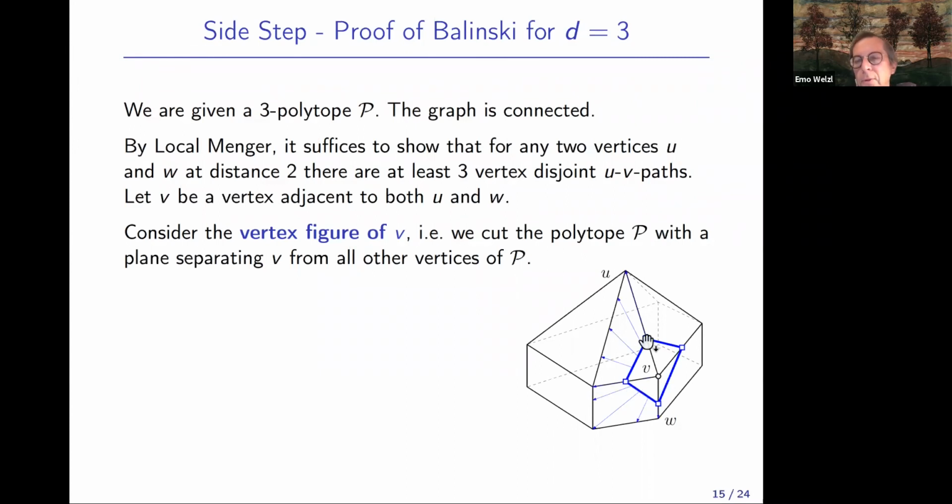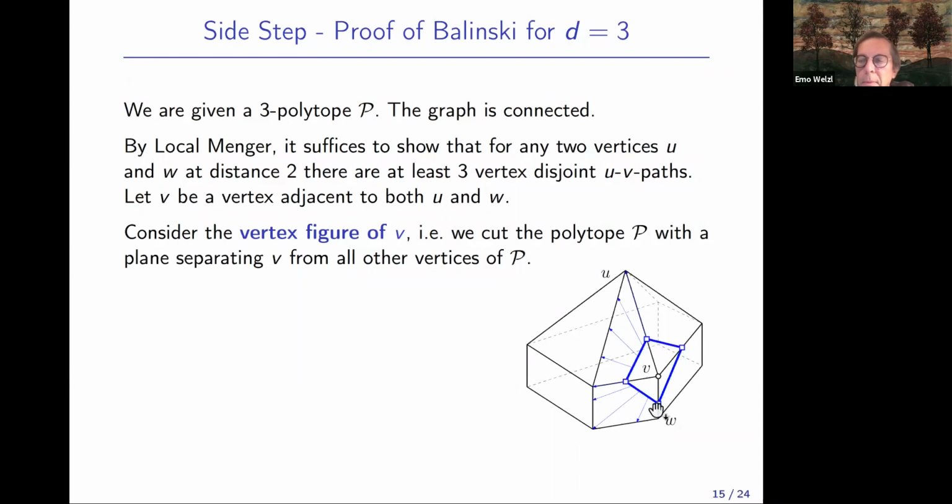Like if you go from here to here to here, that corresponds to a path where you go from here to here to here to here. That path may be longer, because this edge here gets mapped to two edges, but you have this path, and it's also easy to see that if the paths here are interior vertex-disjoint, they're also interior vertex-disjoint here.